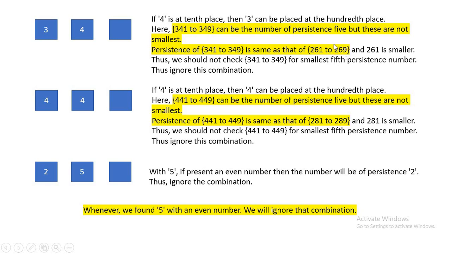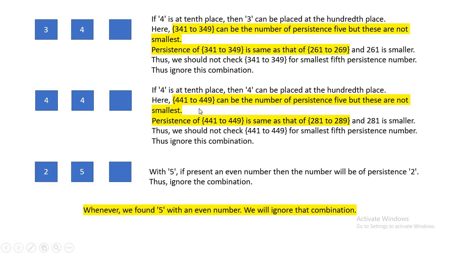Persistence of 269 is the same as persistence of 349, and 269 is smaller than 349. So for 341 to 349, we need not check whether it is the smallest possible fifth persistence number, because instead 261 to 269 will be. So we ignore this combination.